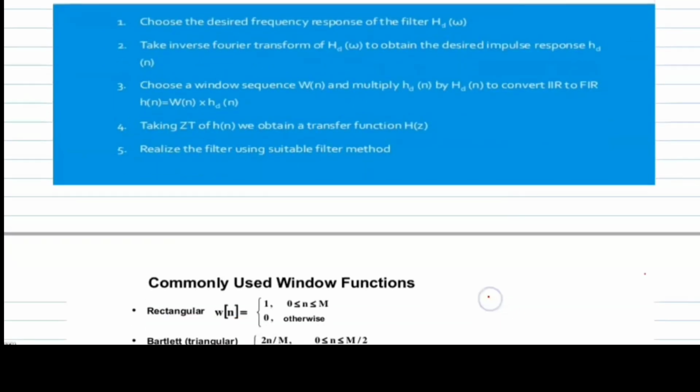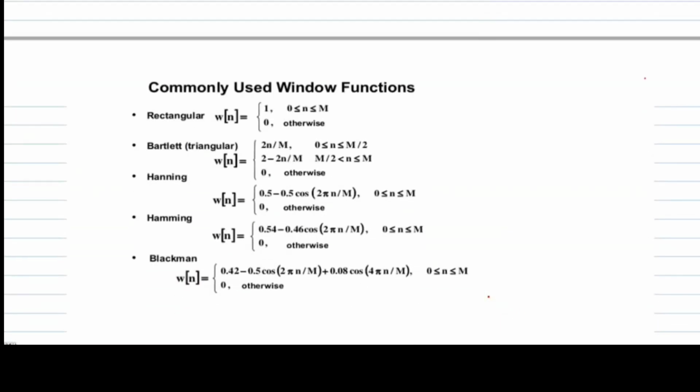So the commonly used windowing function is the rectangular window. So W of n is equal to 1 for 0 less than or equal to n less than or equal to m, and 0 otherwise. Likewise, they have given it for a Hamming window.